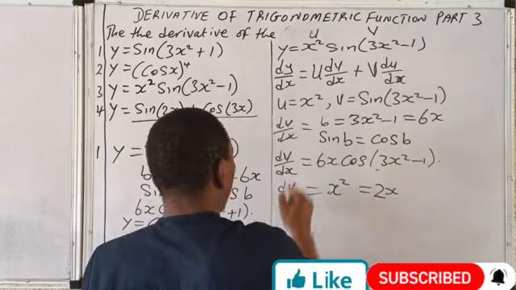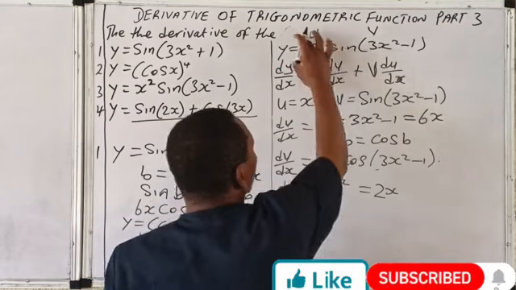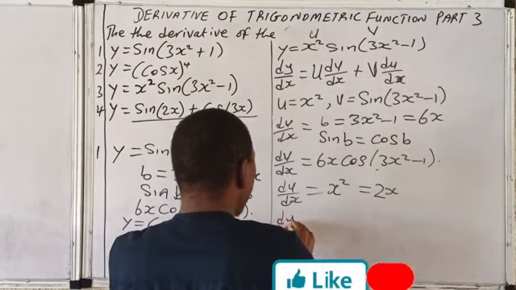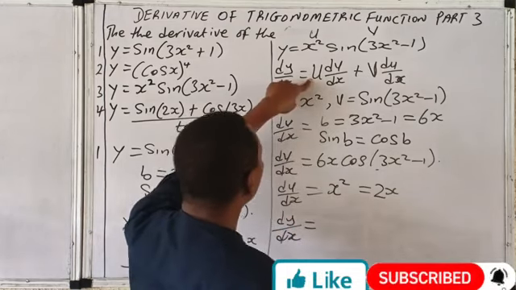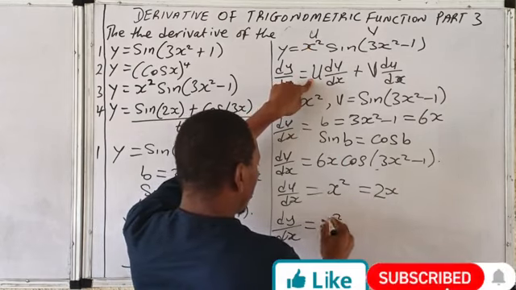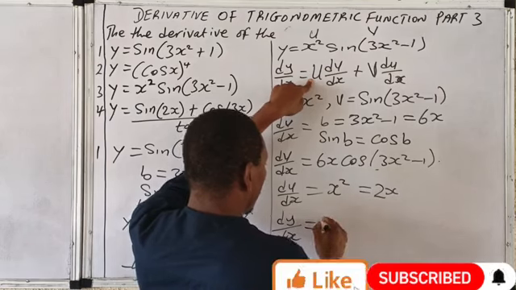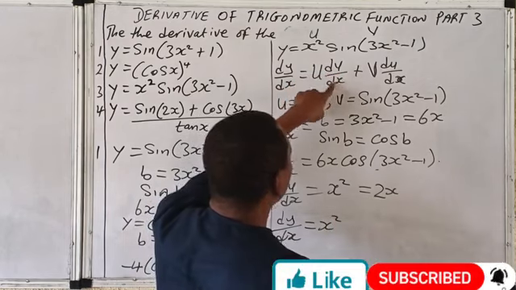So the differentiation of this, if you want to differentiate this now, you now have dy/dx is equal to u, which is x squared, times dv/dx.